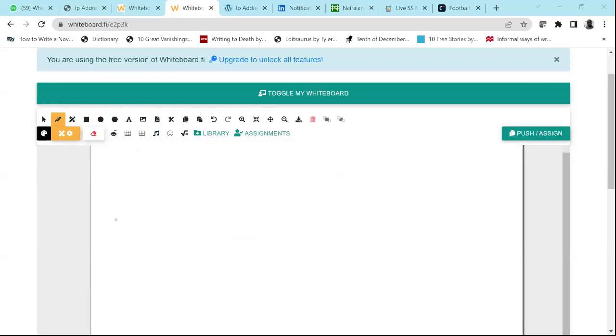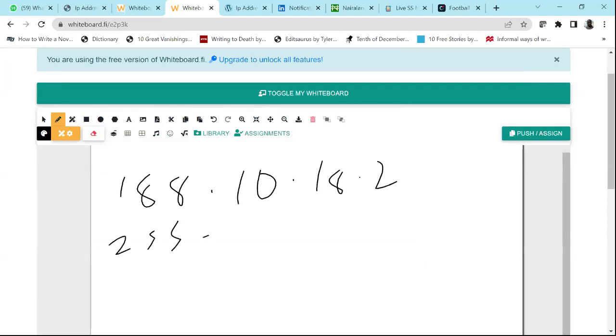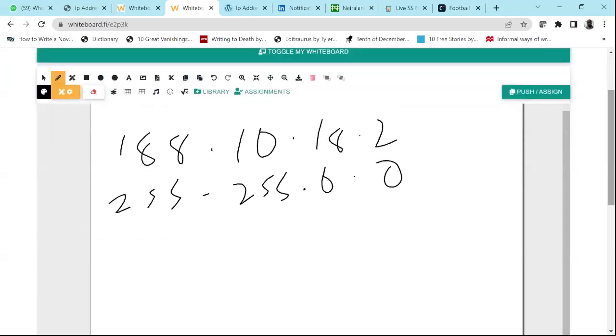So assuming we had something like 188.10.18.2 with a subnet mask of 255.255.0.0, what network will this belong to? It belongs to 188.10.0.0 network.